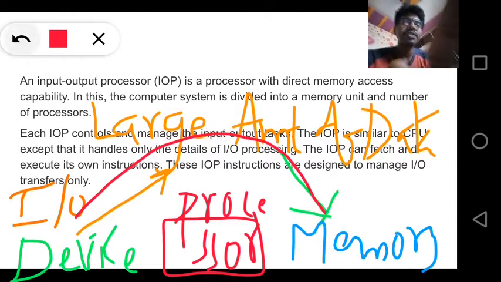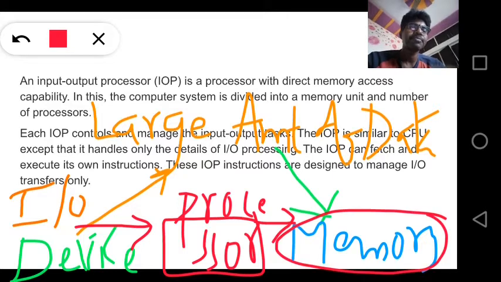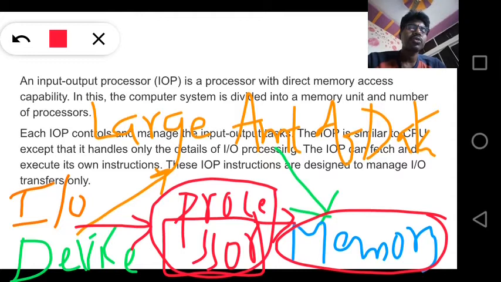It has to go via the processor to memory. But the processor is busy executing other instructions.